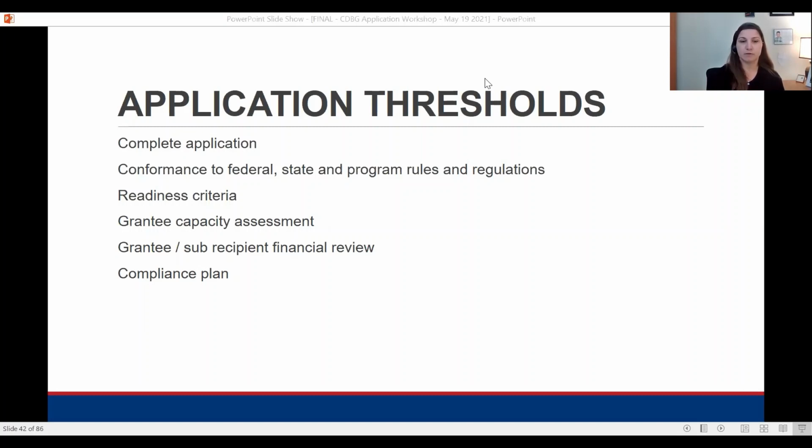So if it is a COVID-19 related project, you will likely want to make sure you do notice both of those in those notices.